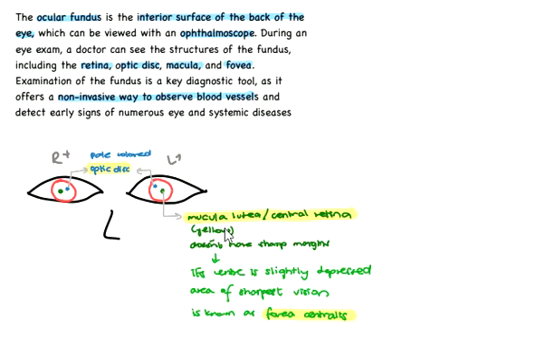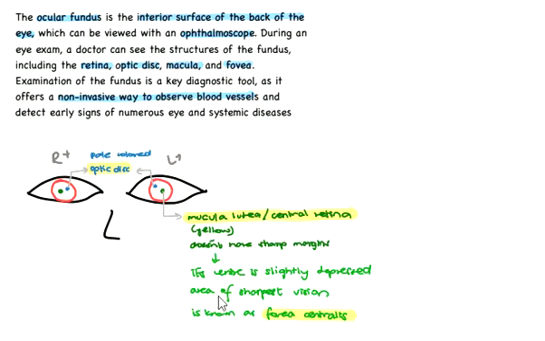The macula lutea has a depression right in the center. It's slightly depressed, and that depression is known as the fovea centralis. This is the fovea that we spoke about earlier. The fovea centralis is the depression in your macula lutea, and it is the area of the sharpest vision. Why?